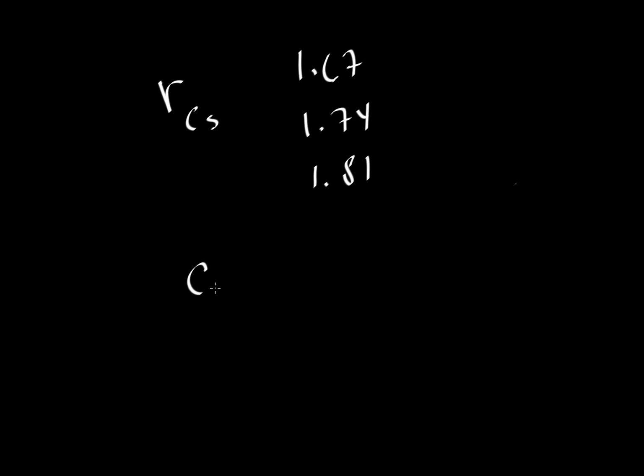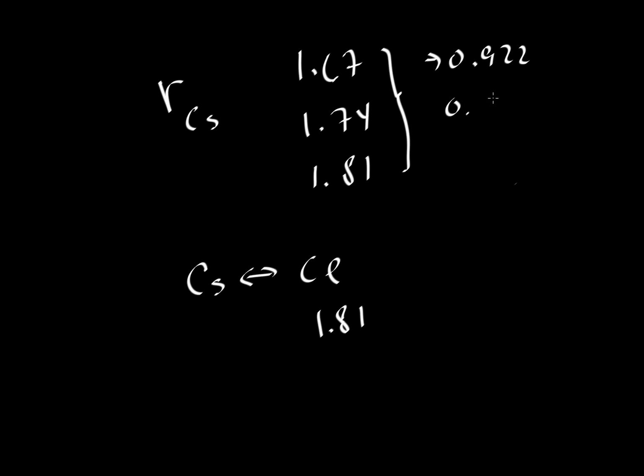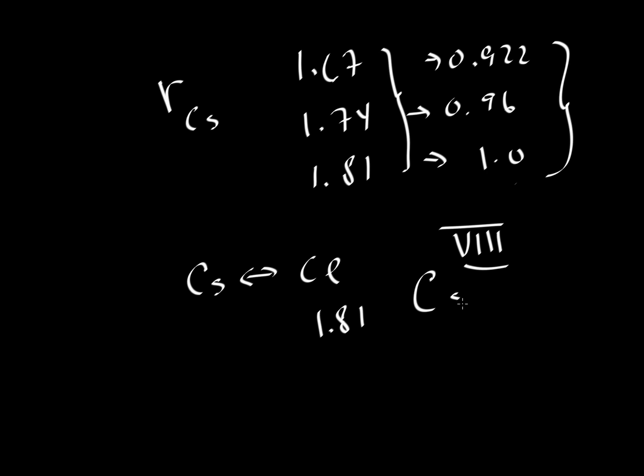But if we want to take cesium and bond it to, let's say, chlorine, where chlorine is, let's say, 1.81, only one radius is given in some tables, then we would get ratios of 0.922 using this fellow, 0.96 using 1.74, and then a ratio of 1.0. And all of those fit in with the idea of 8-fold coordinated cesium.